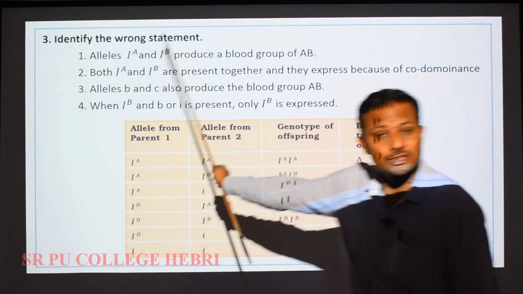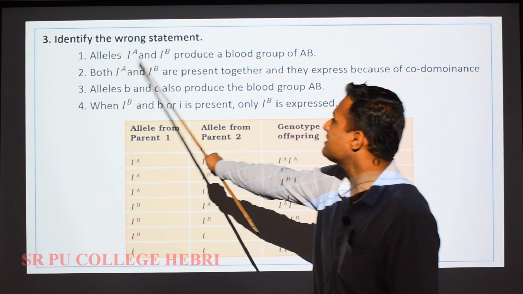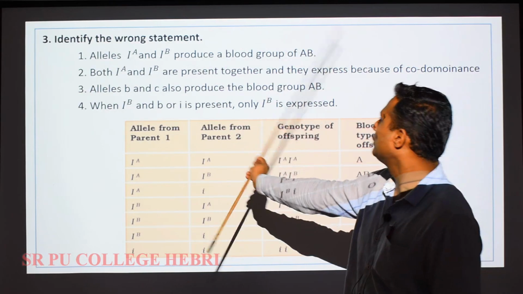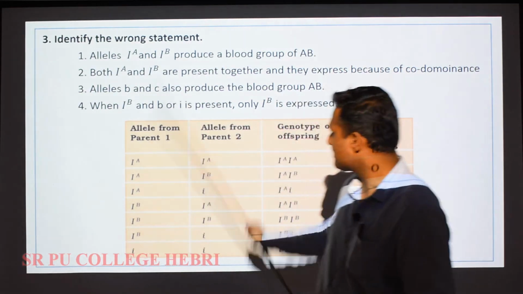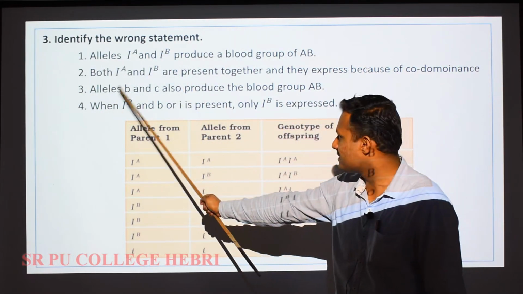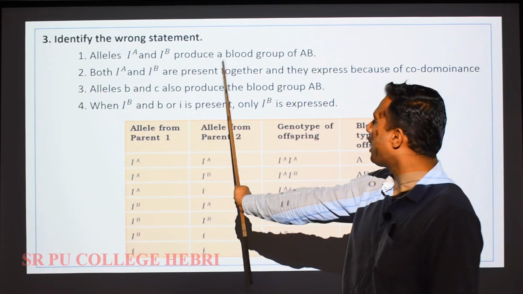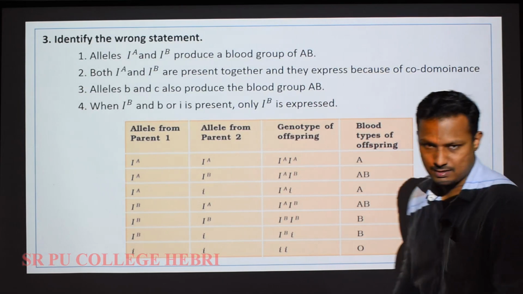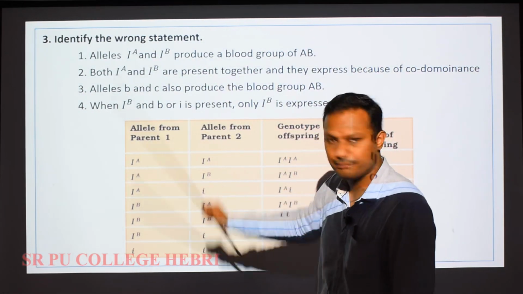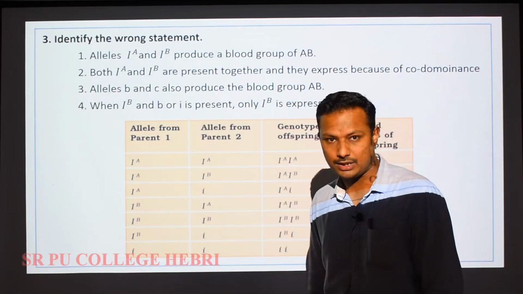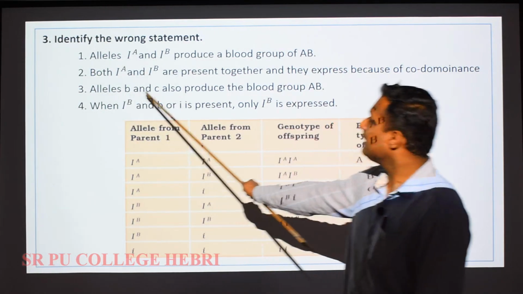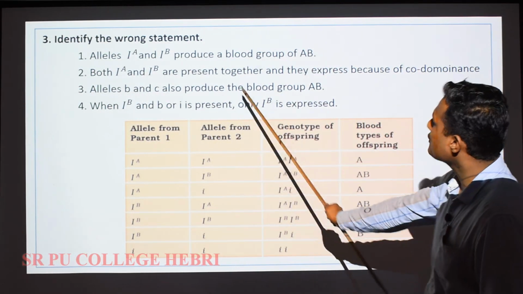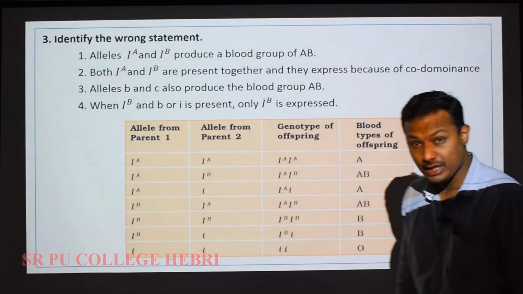The first statement says that alleles A and B produce a blood group AB. Right? This is correct according to the law of codominance. Both IA and IB are present together and they express because of codominance. The second statement is also correct. Third statement: alleles B and C also produce the blood group AB. Is it possible?